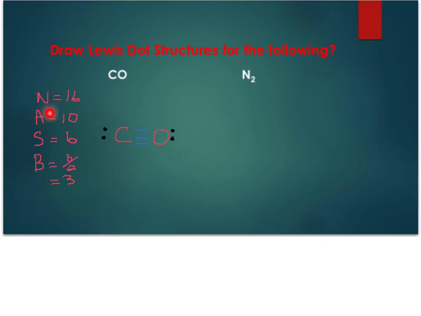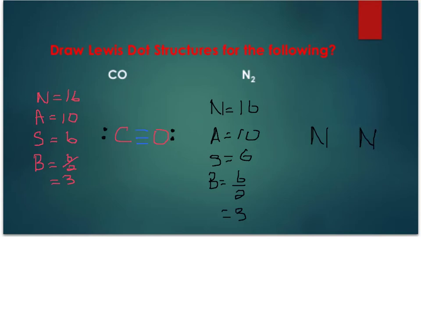In nitrogen, we needed 16. We had 10 electrons available. That means we had 6 electrons shared. And to get our bonds, we divide the shared electrons. So we take 6 divided by 2. That gives us our 3. Again, it doesn't matter which one goes in the middle. Nitrogen, nitrogen.